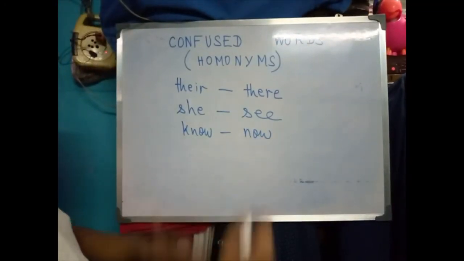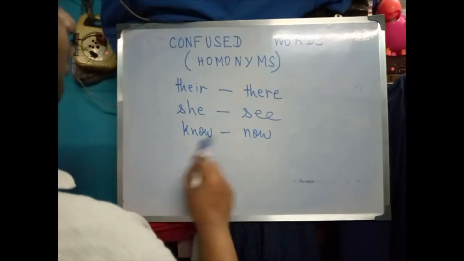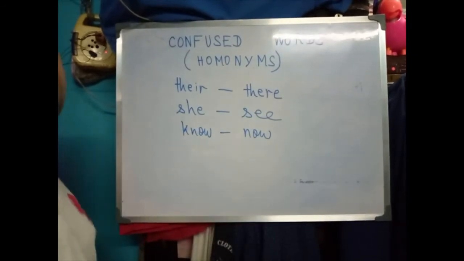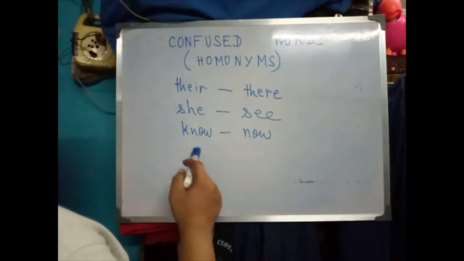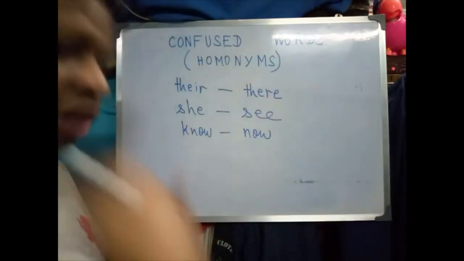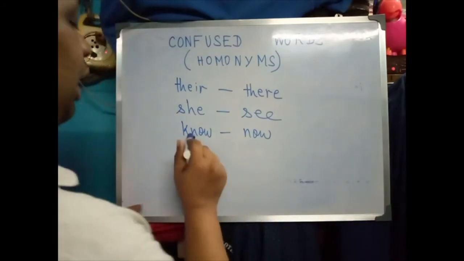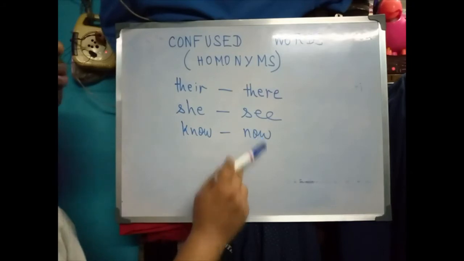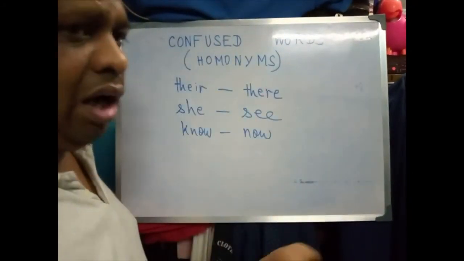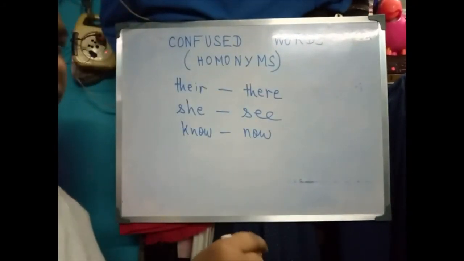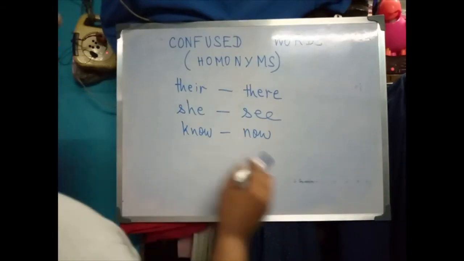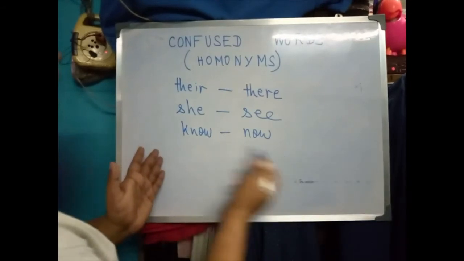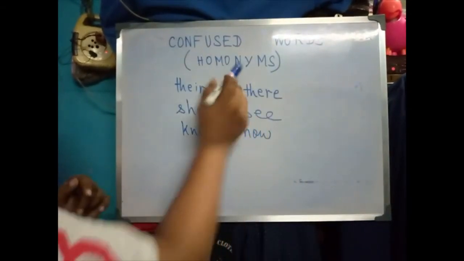Though they have different spellings, they have the same pronunciation. This know means the verb I know, that means I have in my knowledge. To know something is called I know. But here, this now means right now, at present. So these two again are two different words with two different meanings, but they are looking alike. They are confused words, called homonyms.